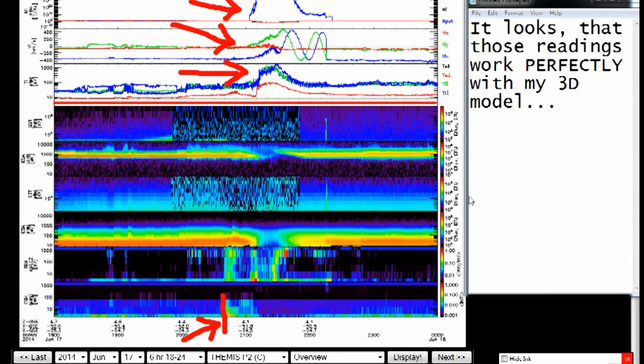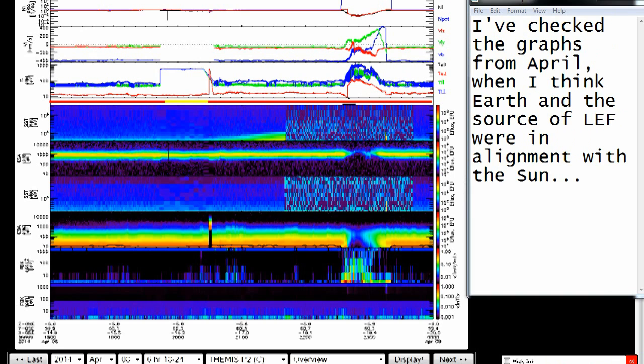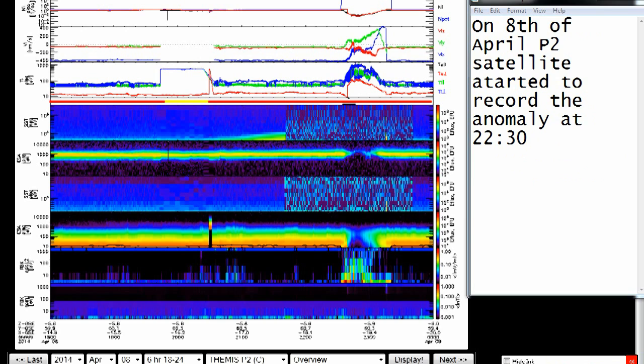It looks like those readings work perfectly with my 3D model. I wanted to speak about problems with those readings, but it seems that I don't have any problems. I've checked the graphs from April, when I think Earth and the source of the low energy field were in alignment with the Sun. On the 8th of April, the P2 satellite started to record the anomaly at 22:30 UTC.